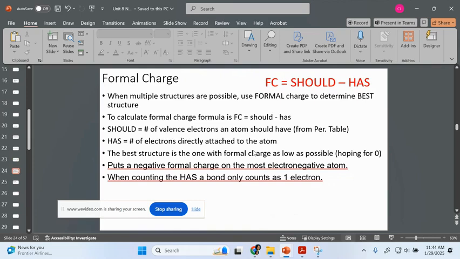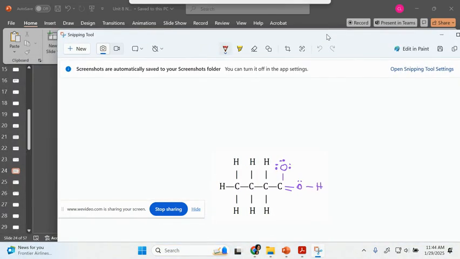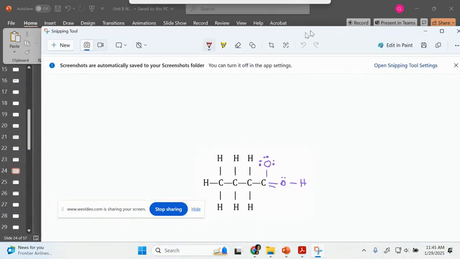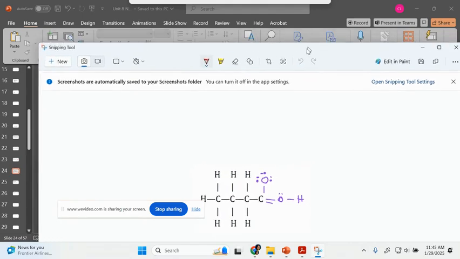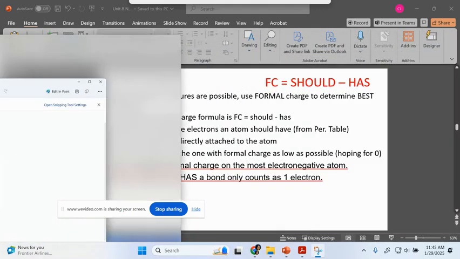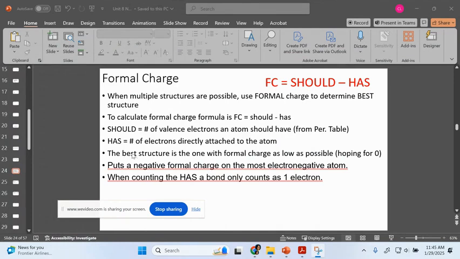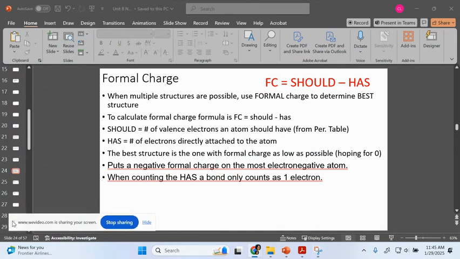The other thing that can change in terms of our drawings is something called formal charge. That's why the drawing we were just talking about is going to be wrong, and I'm going to show you why coming up. It all comes down to this idea of formal charge. There are a lot of different ways to calculate formal charge. Many of them will make you cry. They're very complicated and icky.